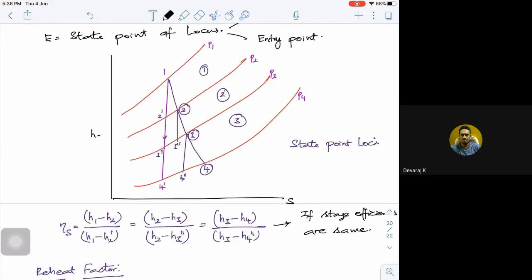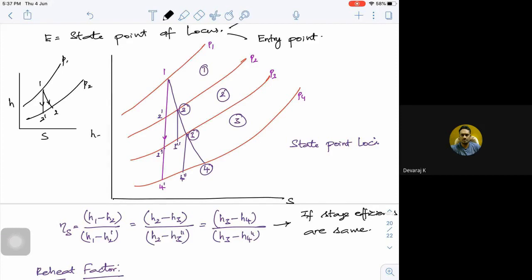If I go for a single stage like this, HS, but your pressures are the same, so your pressures may be P1, P4, where P4 is equal to P1, P4. In that case, a single stage goes from 1 to 2. So this may be 1 to 2 dash, and this may be 1 to 2.